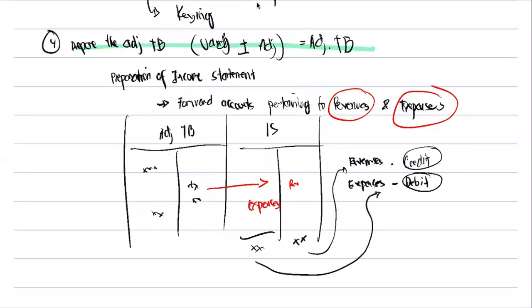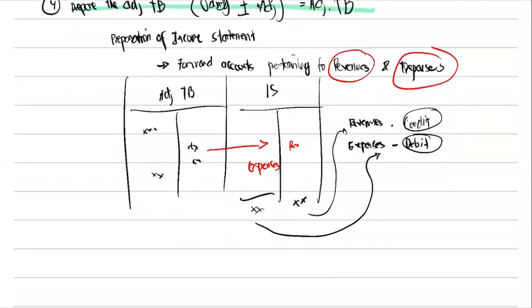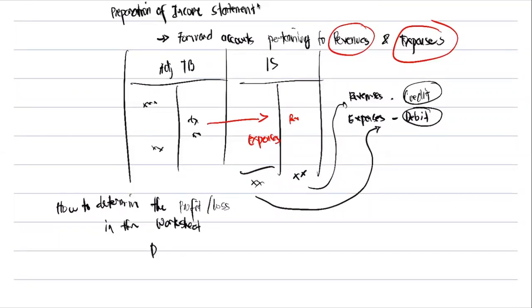So our problem now is how to determine the profit or loss in the worksheet. Okay, if debit is greater than credit or debit is lesser than credit. So what is debit again? Expenses. And credit pertains to revenue.